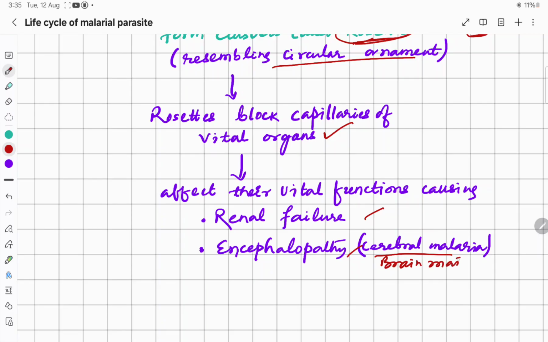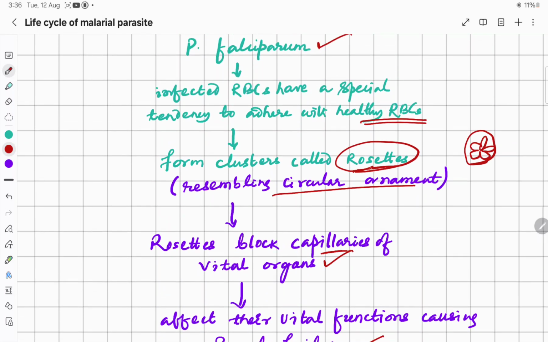The liver is also affected, and people with falciparum malaria also show the symptom of jaundice because of the liver being affected by the blocked capillaries due to this rosette-like structure in Plasmodium falciparum.